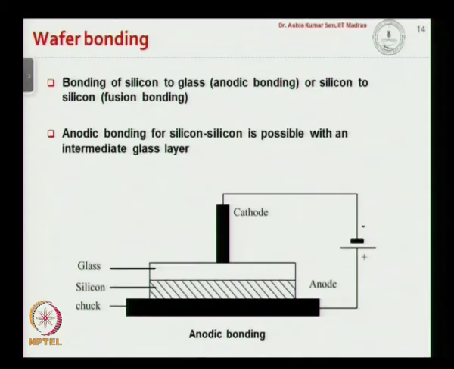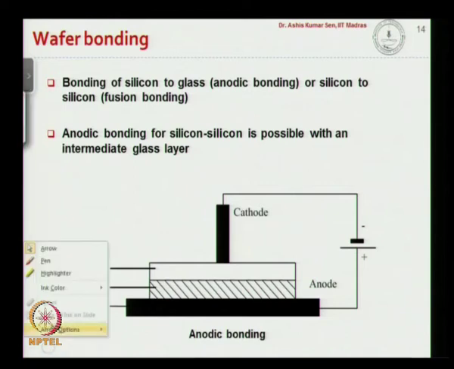So that bonding process would depend on what substrate material we are dealing with. Polymers will have different bonding procedures, silicon will have different bonding procedures. If you talk about silicon, as you see here, bonding of both silicon to silicon and silicon to glass is possible.